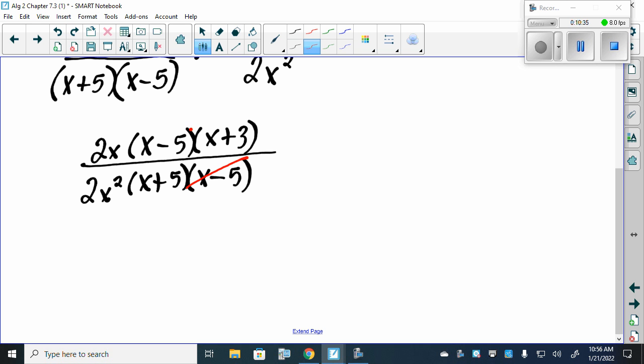The x minus 5 and x minus 5, yes? So the 2x, I can say yes. The 2 will cancel out completely. What's going to happen to the x's? Because I have 1 on top and 2 on bottom, so one of them will cancel out, leaving me with 1 left over.